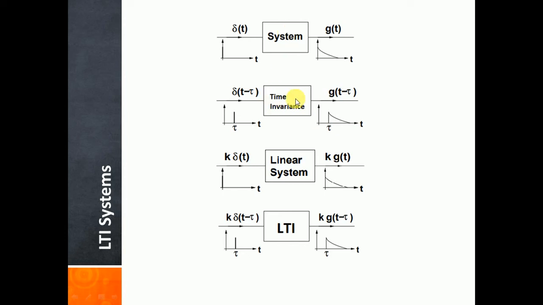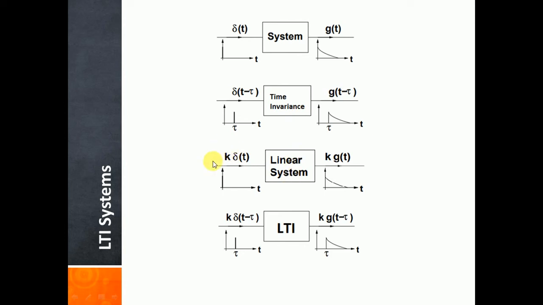Now if the system is time invariant, what will happen is that if this original signal is delayed by a time t0, then the output will look exactly the same as the original signal, only that it would be delayed. So delaying a signal does not change how the output looks like. That is called time invariance.